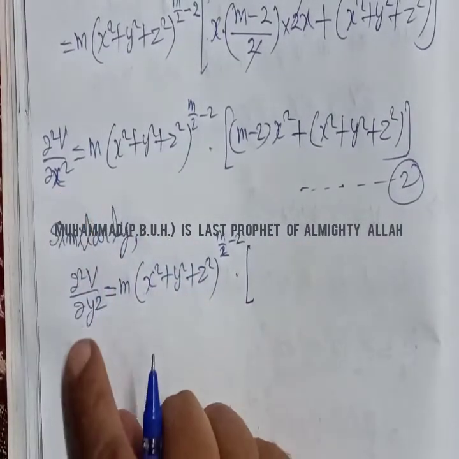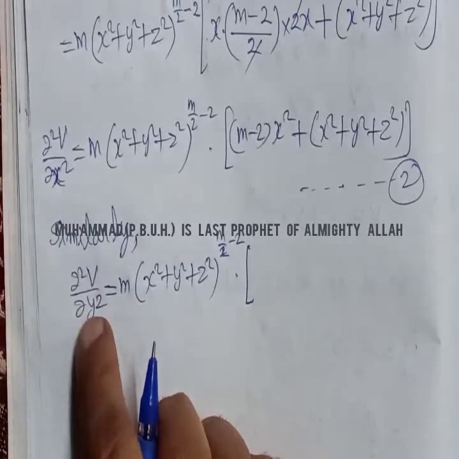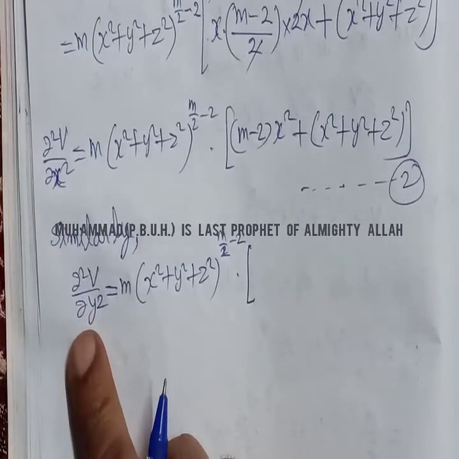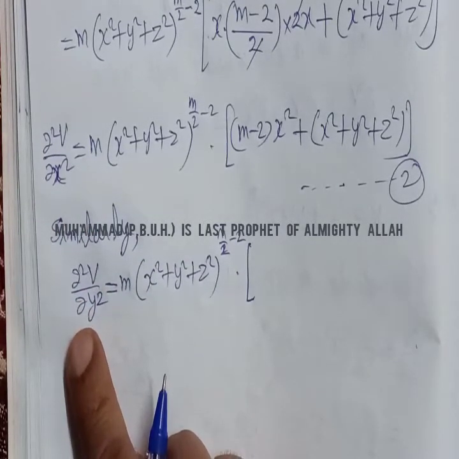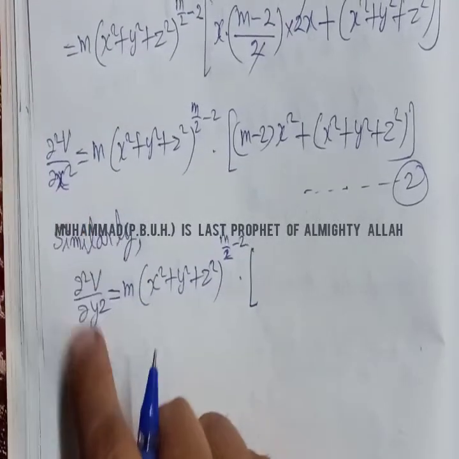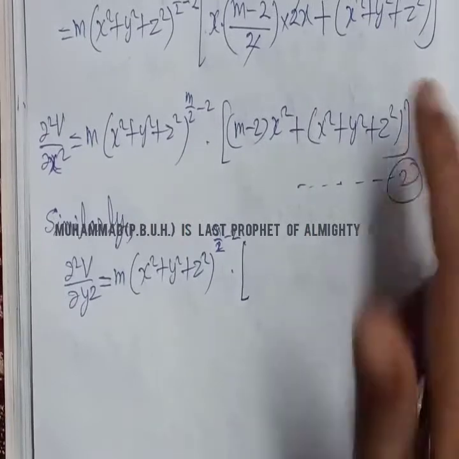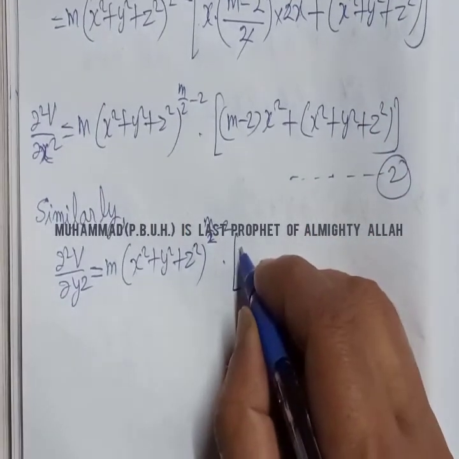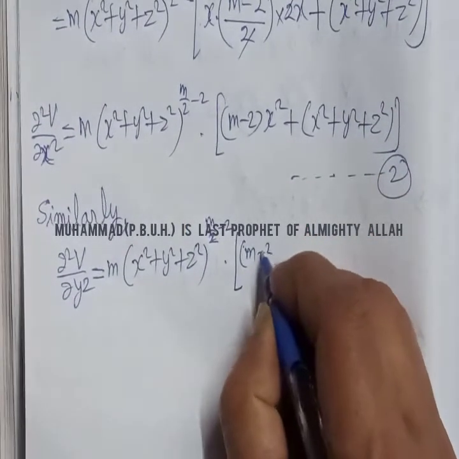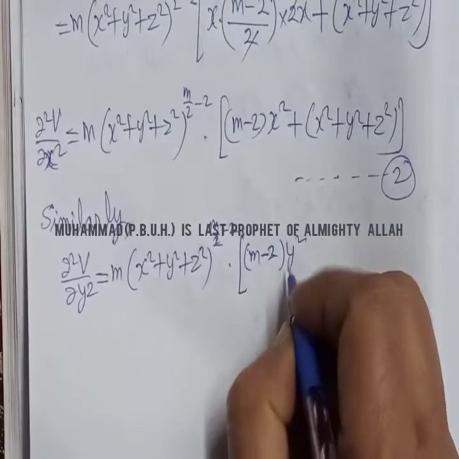Only the role of x² changes to y², so we write y in place of x in this equation 2. We get m minus 2 and write y².